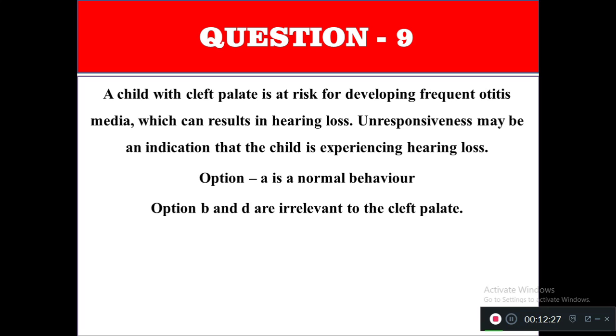Unresponsiveness may be an indication that the child is experiencing hearing loss. Option A is normal behavior; imaginary play at this age is normal. Options B and D are irrelevant to the cleft palate.